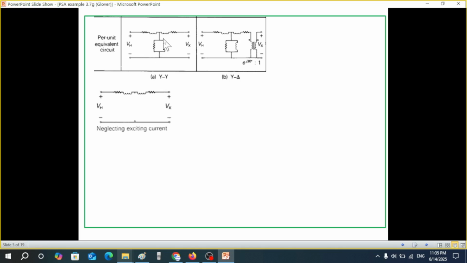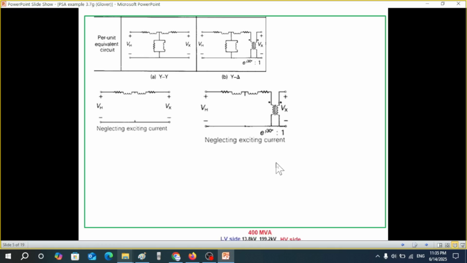If we neglect that, then our circuit will be further simplified. This is for YY and this is for Y-delta. Now, a point to note is that there is a phase shift here: plus 30 degrees on the high side and 1 on the other side, or 0 on the other side. And this is for Y-delta.